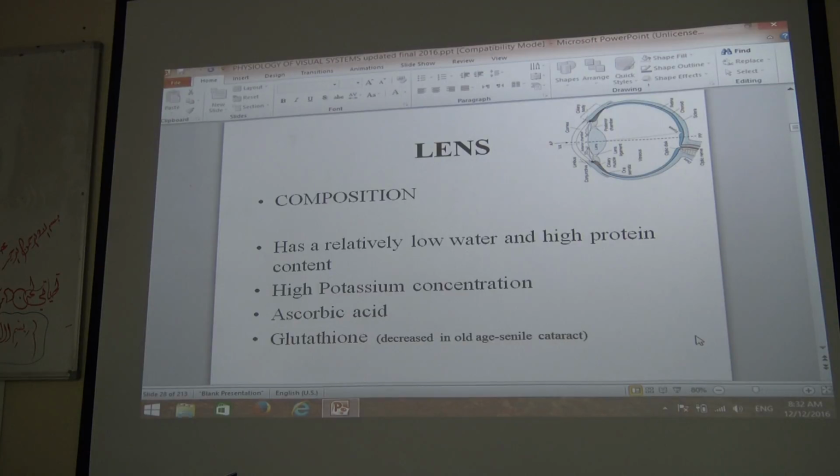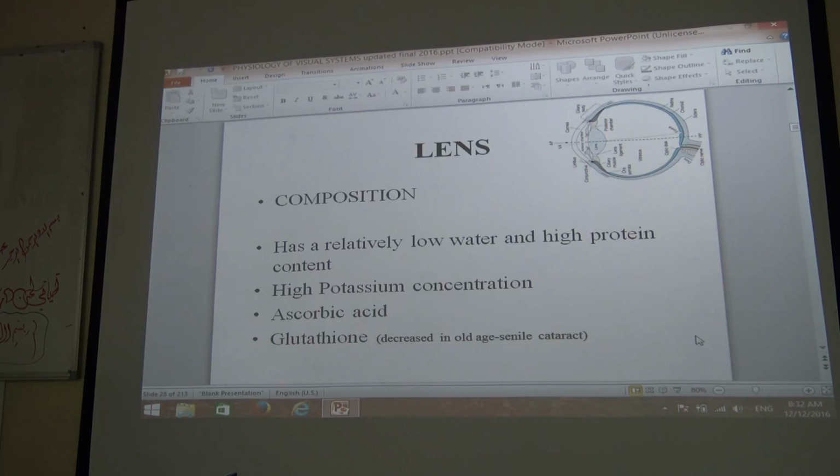We mentioned that the metabolism of the lens is mainly anaerobic glycolysis. Only the outer layers can contribute about 20% of glycolysis aerobically.